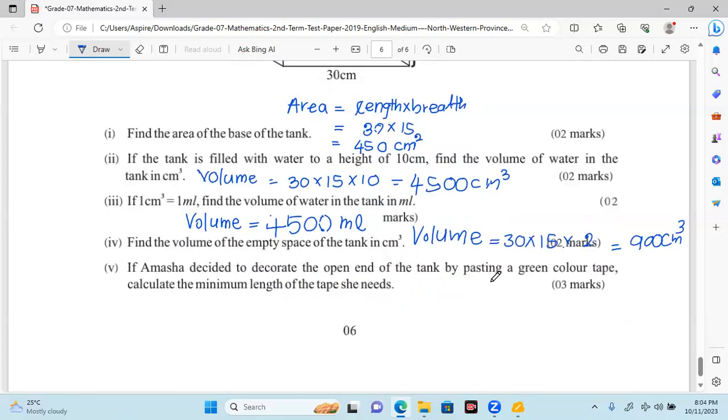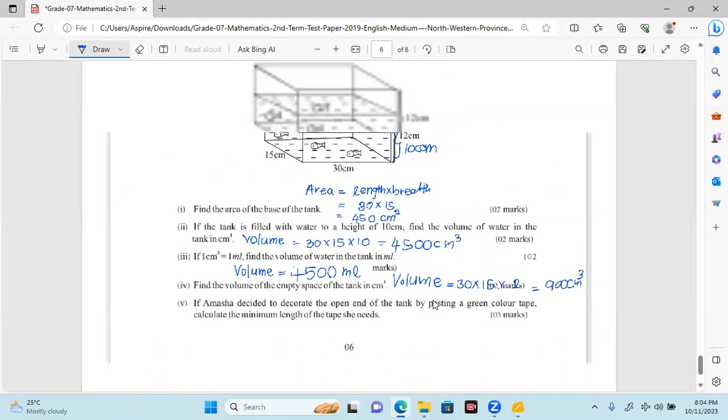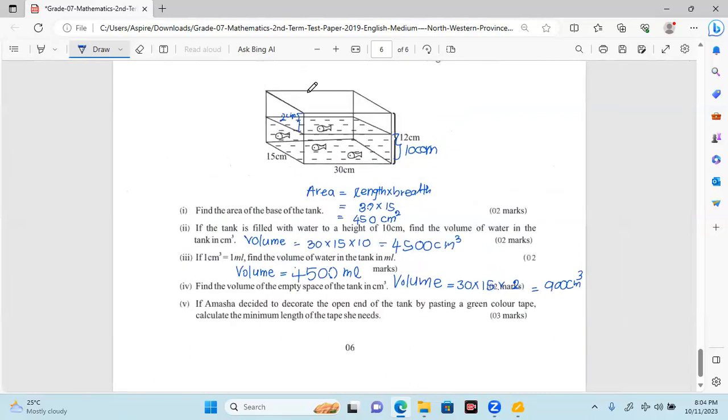If Amasha decided to decorate the open end of the tank by pasting a green color tape, calculate the minimum length of the tape she needs. She is going to decorate this open end with a green color tape. What is the minimum length of the tape she needs? How do we find it? Yes, the perimeter.